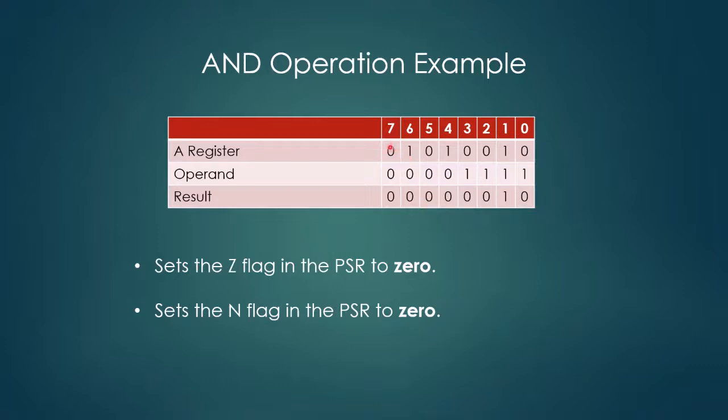Now, as you can see, if both bits are 0, you get 0. If only one bit is 0, you still get 0. It's only in the case where you have both bits at 1 that you get 1. So the result of the operation would be this, which would be hexadecimal 02.